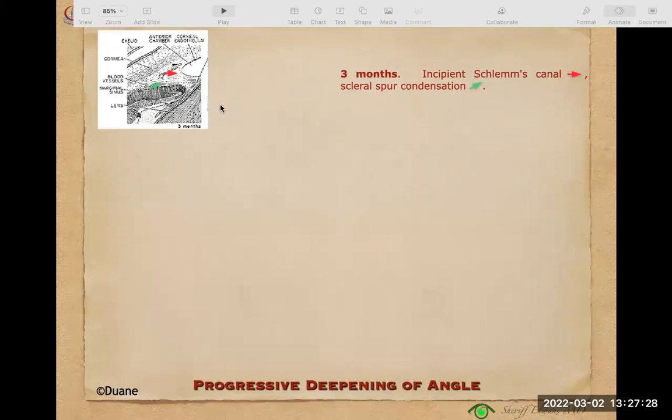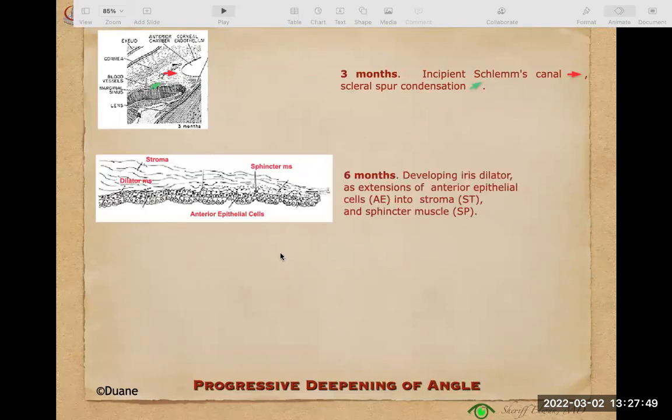At this stage, at 3 months, a small canal starts to appear, which is the incipient Schlemm's canal, with the scleral spur condensation behind. The sclera that came from the mesenchyme is starting to appear.